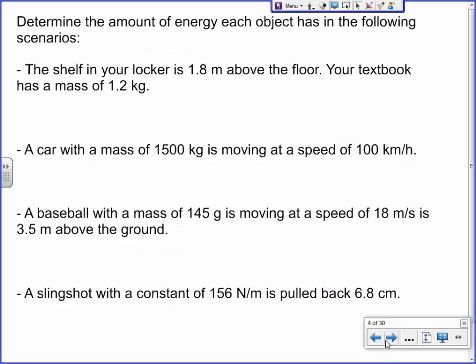Okay, let's try some really basic examples. Shelf in your locker is 1.8 meters above the floor. Here's your textbook mass. Did you figure out how much energy the object has? This will be your gravitational potential energy, which is mass times gravity times height.